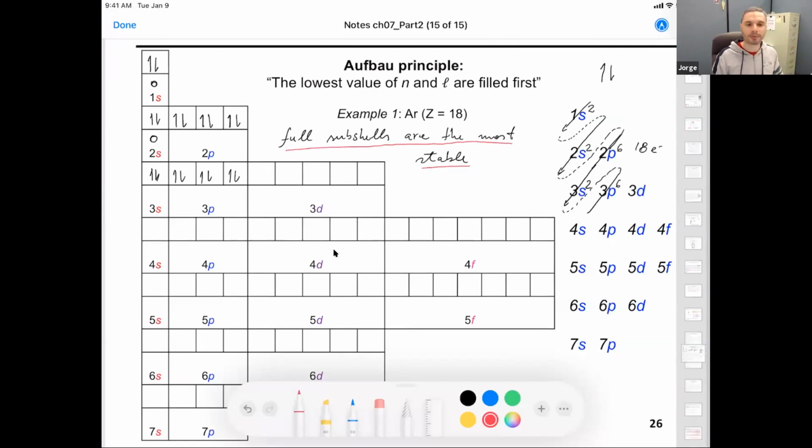For argon, as you can see, all the subshells are completely filled, and that renders high stability to this element. And that's why argon can be found isolated in nature. It doesn't need to combine with anyone because it's stable by itself, because the subshells are full, completely filled.